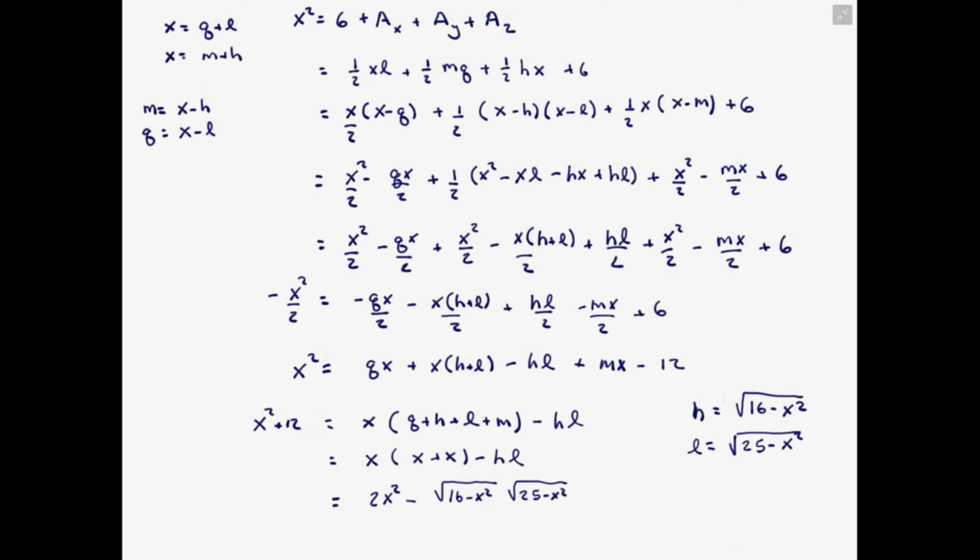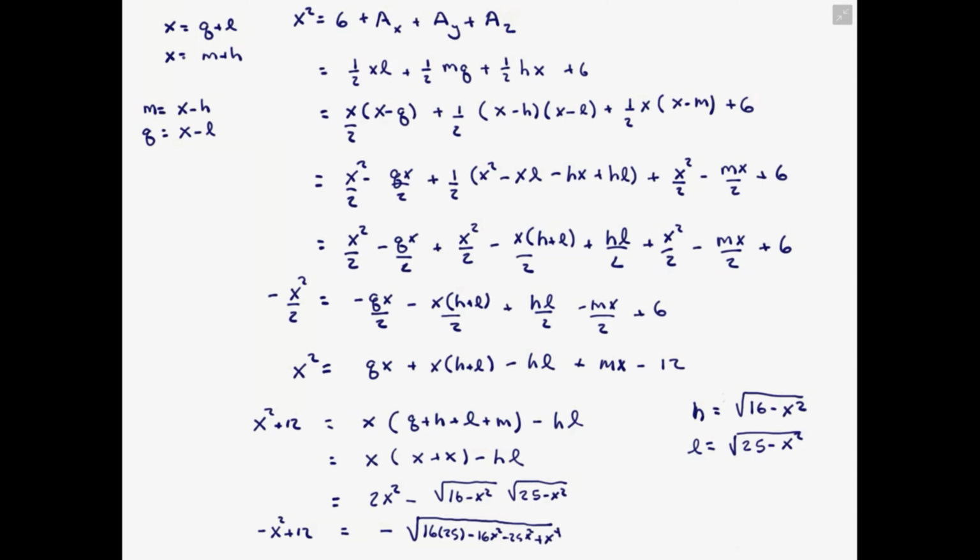And now we have x squared minus x squared plus 12 equals minus 16 times 25 minus 16x squared minus 25x squared plus x to the 4th.